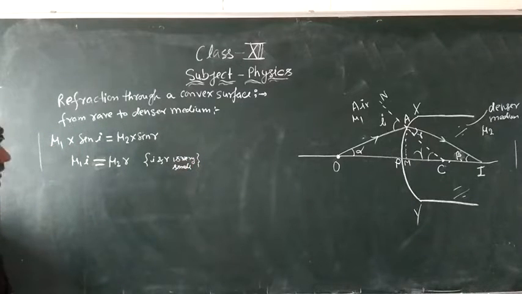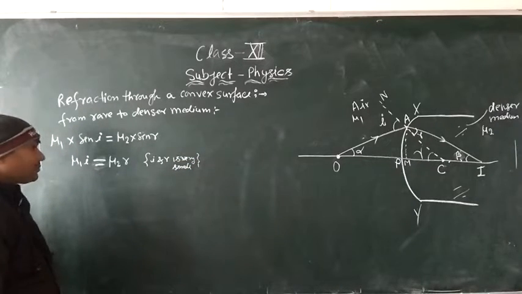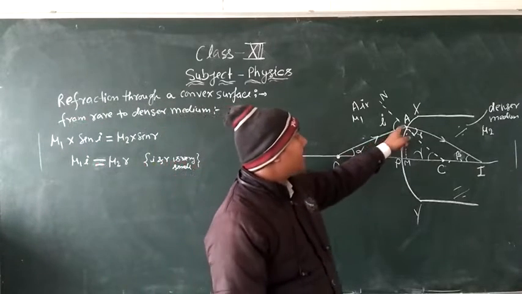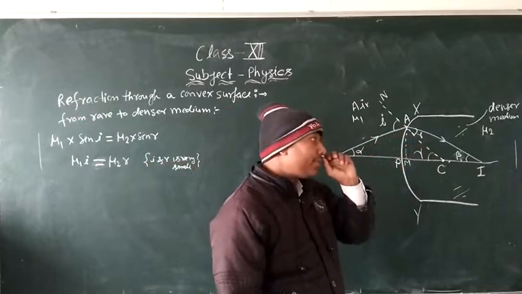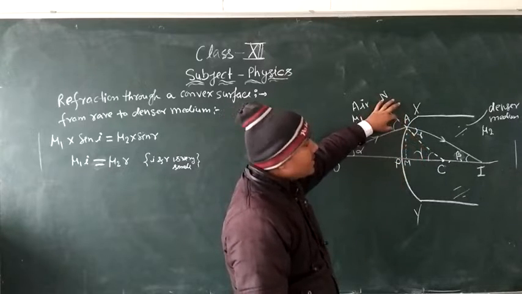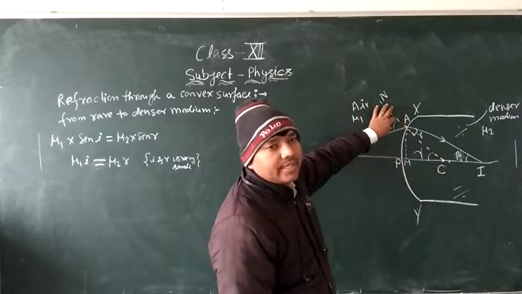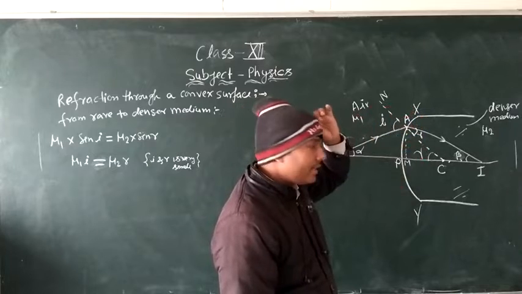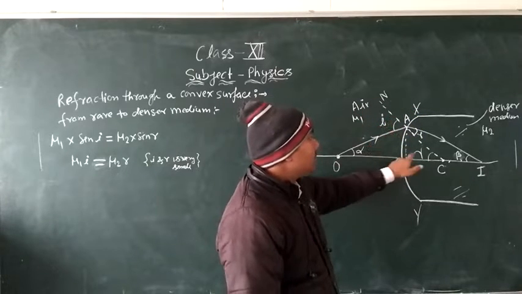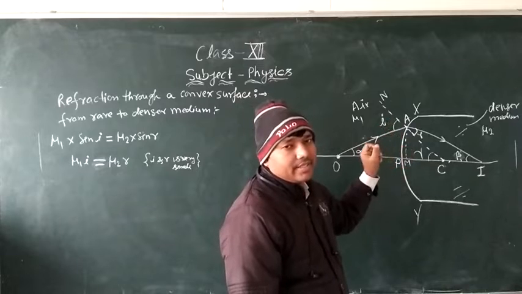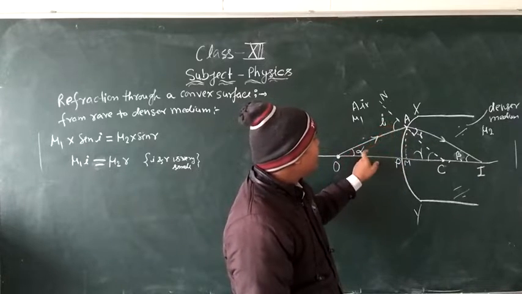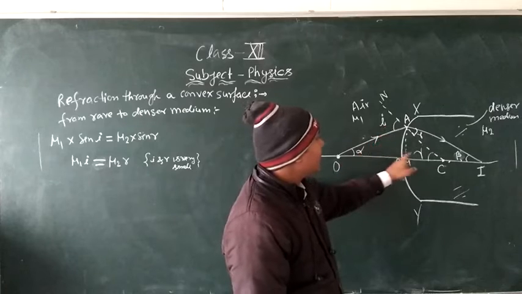From the figure, in triangle OAC, this angle is an external angle. In a triangle, the external angle is the sum of the two interior angles opposite to it. Opposite to the external angle are alpha and gamma.